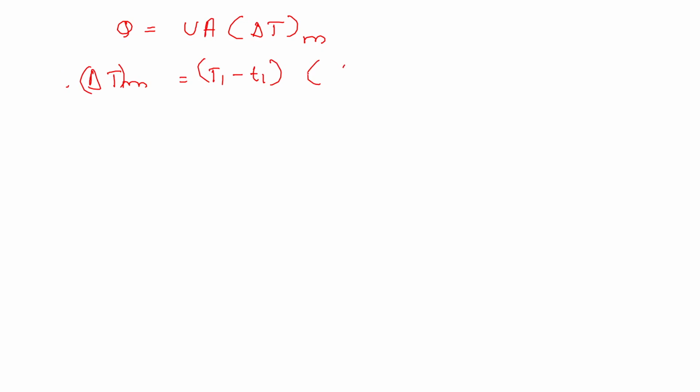Now after getting the Q value, we solve Q equal to UA delta Tm. First calculate delta Tm. Madam, this is a counterflow, no? It is capital T1 minus small t2, because it is a counterflow heat exchanger.